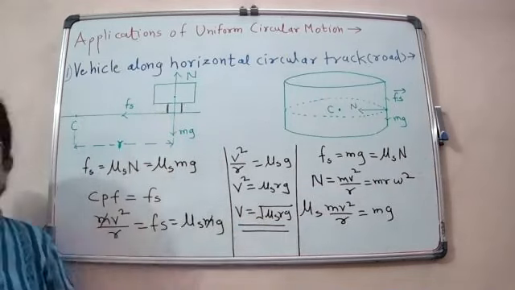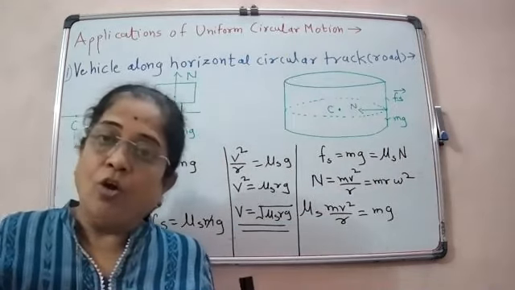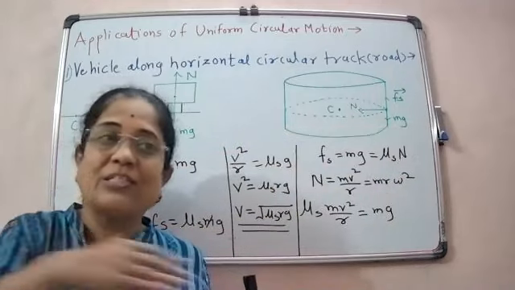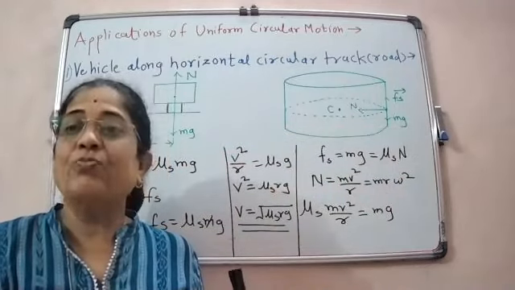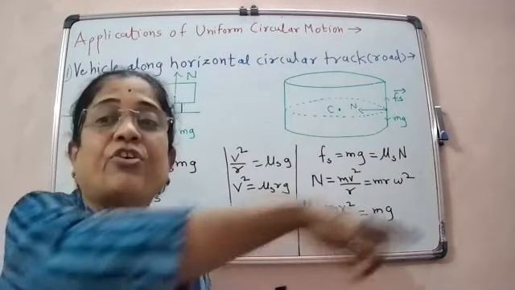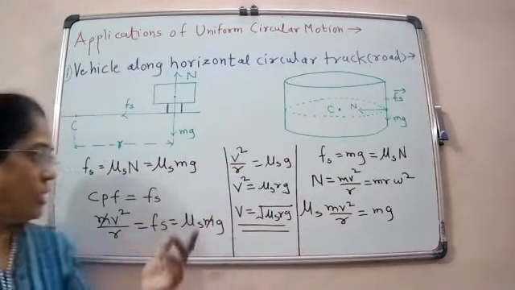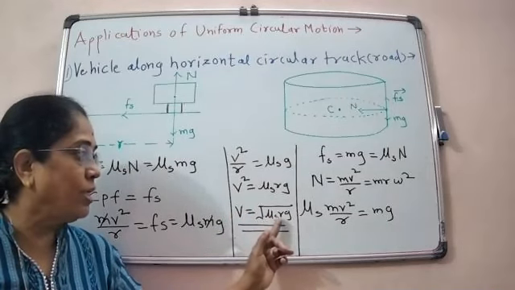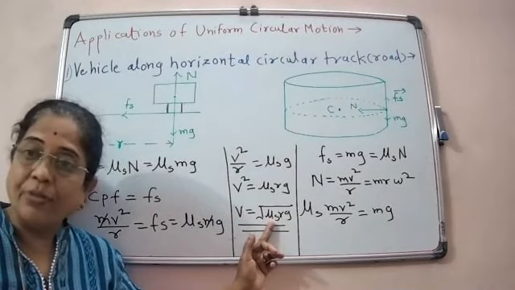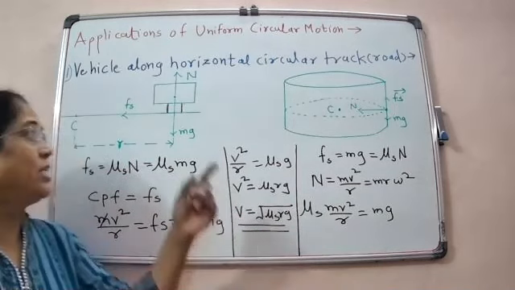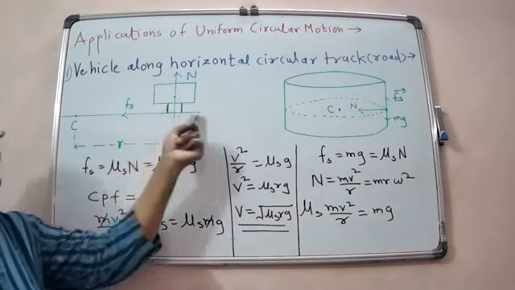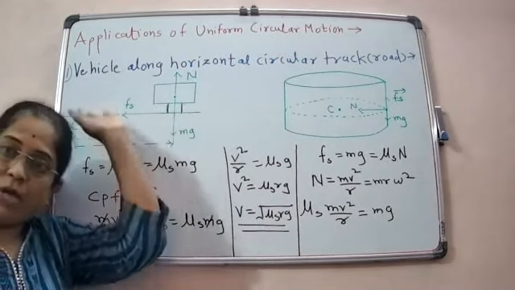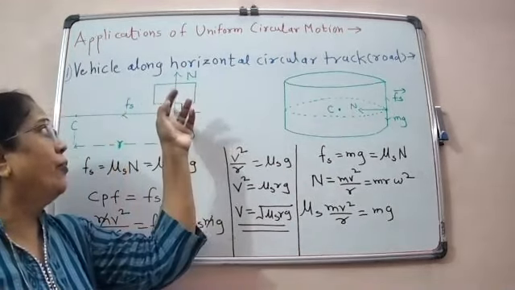This is the formula for the most safe speed or maximum velocity for the vehicle which is moving along a horizontal circular track, a horizontal curved road. So what is the formula for this maximum velocity? It is equal to square root of mu s r g. What is mu s? It is the coefficient of static friction between the surface of the road and the wheels of the vehicle.